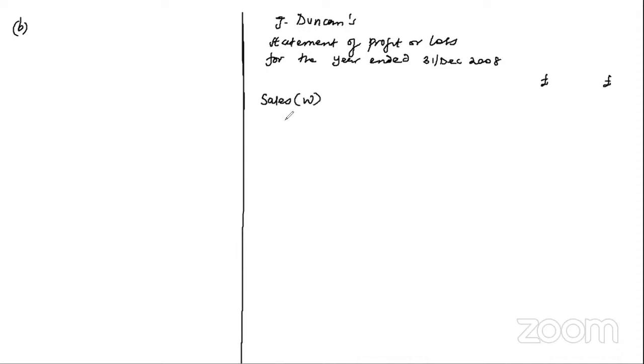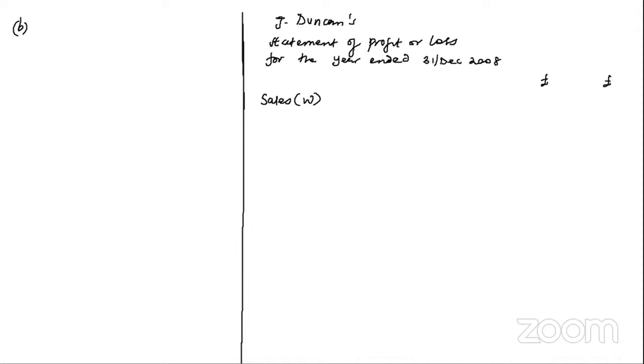But our sales figure is not given directly. We have different figures because we sell some goods on credit. At the same time, we also have some cash sales. So let me take you back to the question briefly.